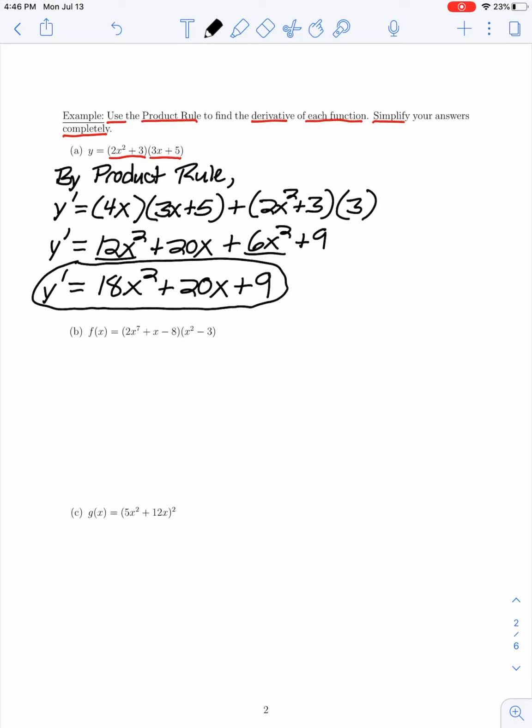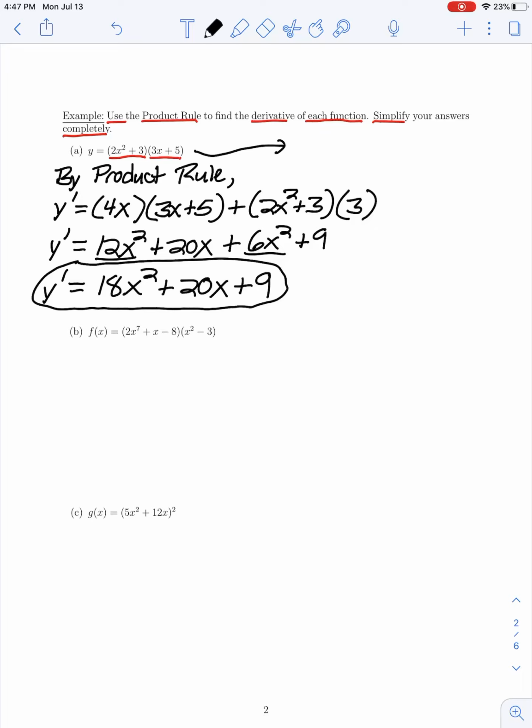All right. Now, another way which we could have proceeded in this example for part A is as follows. If we were not told in the directions that we had to use the product rule here, we could have expanded our function for y and then differentiated the resulting polynomial.